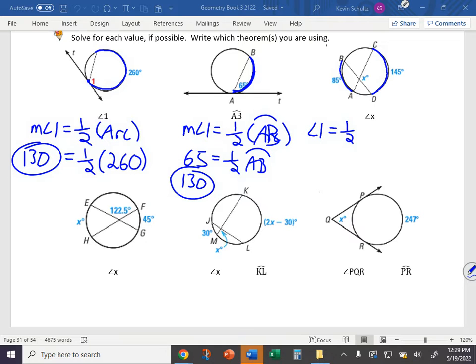Plugging those arcs into our formula, it's half the sum of arc CD plus arc BA. In this case, the angle is what we're trying to find. So X is equal to, plug in values here. Arc CD is 145. Arc BA is 85.